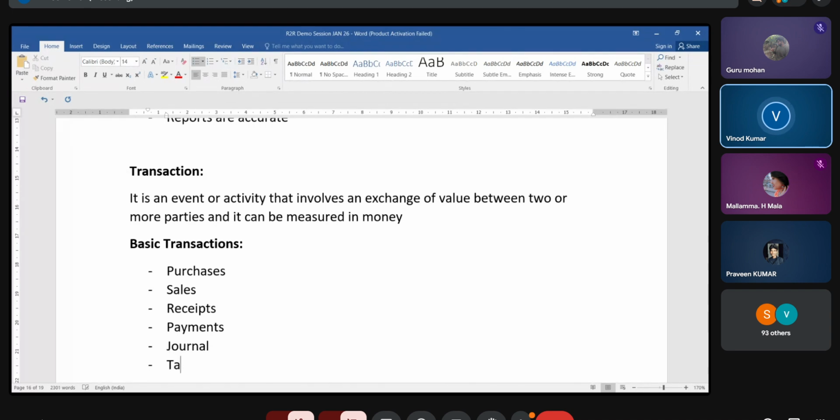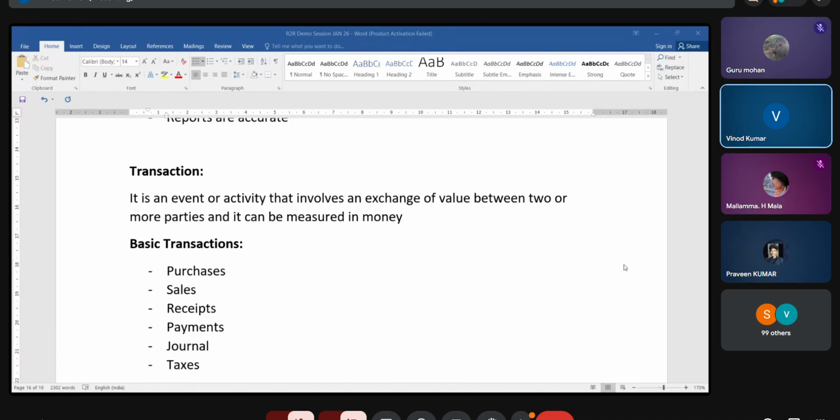So these are the various transactions which will happen in day-to-day business. So let's see how each and every transaction has to be recorded.